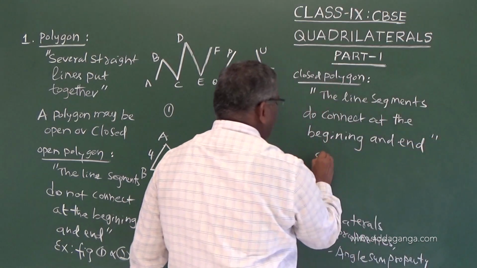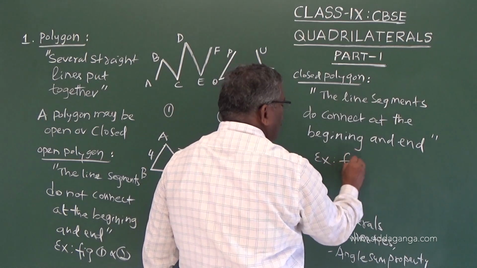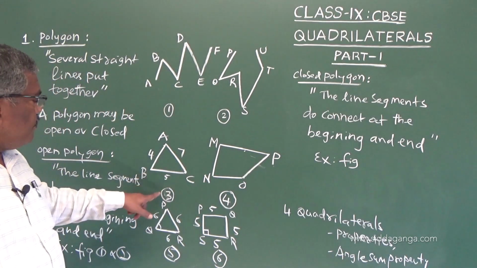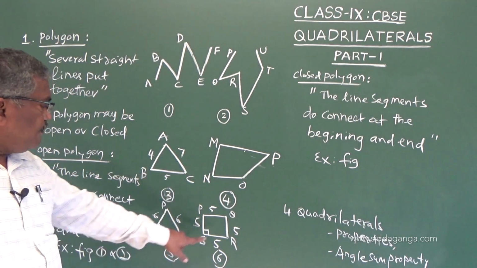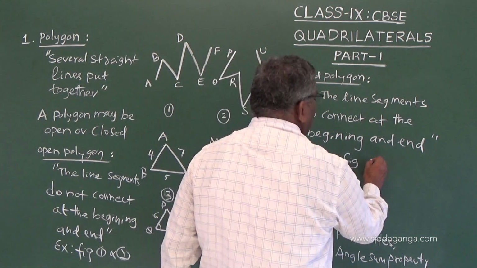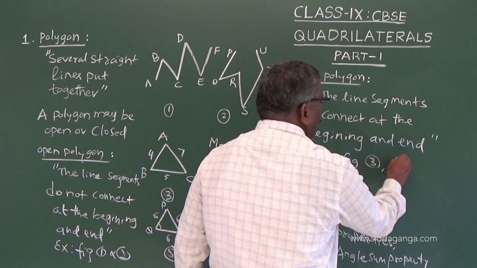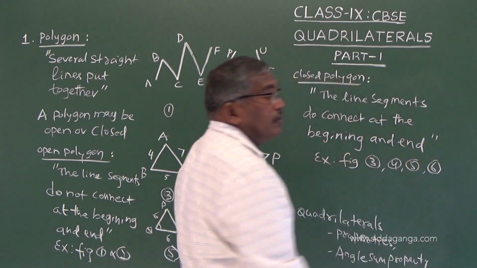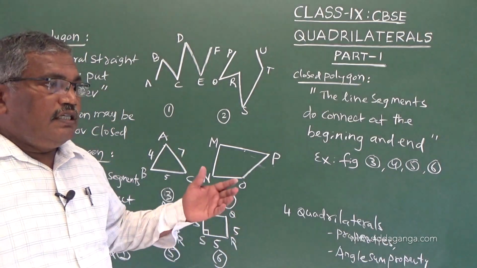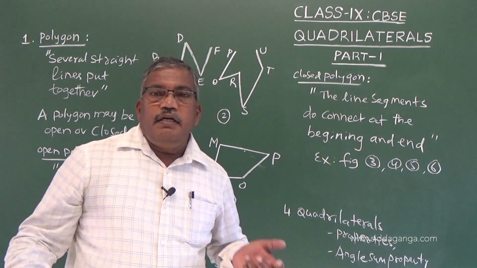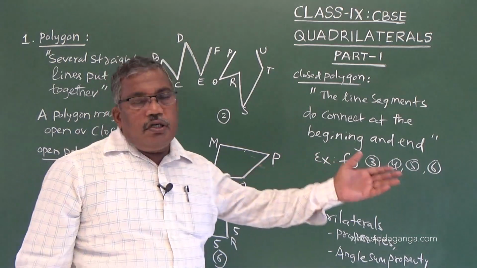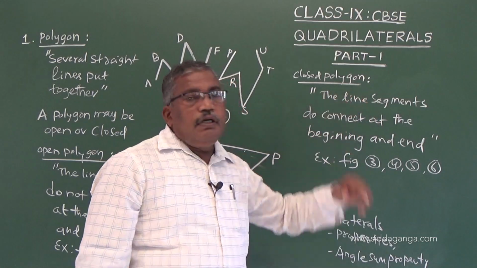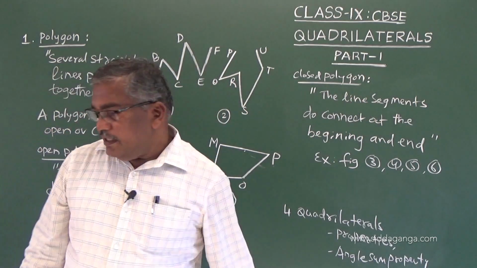For example, see these are closed polygons, figure 3, 4, 5, 6. So these are the examples. You can write a triangle, a pentagon, a hexagon, a trapezoid. They are all examples of closed polygons.